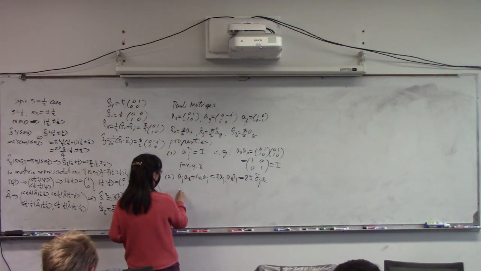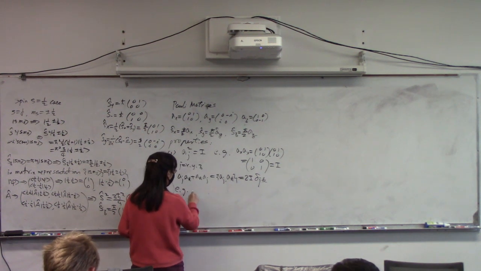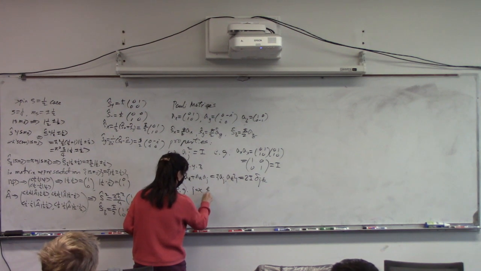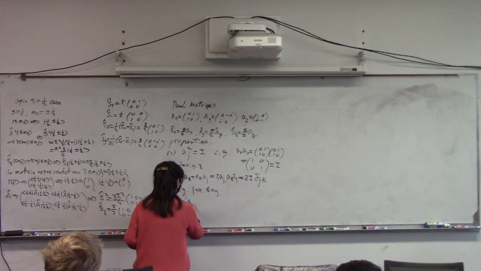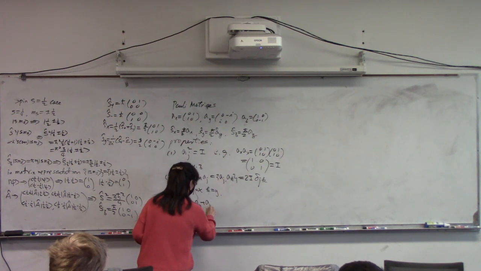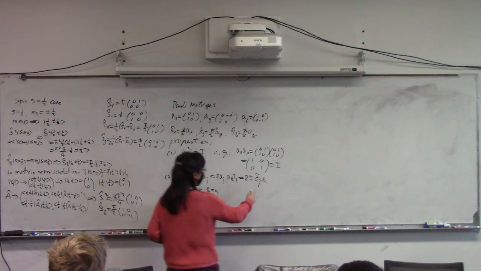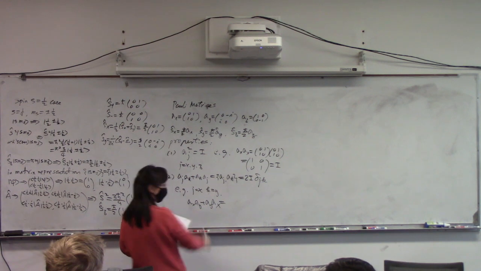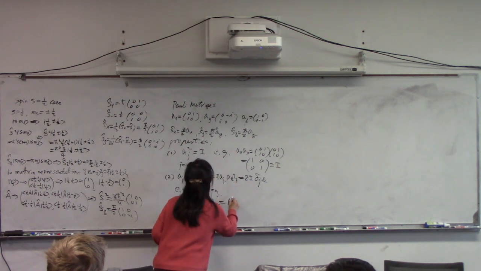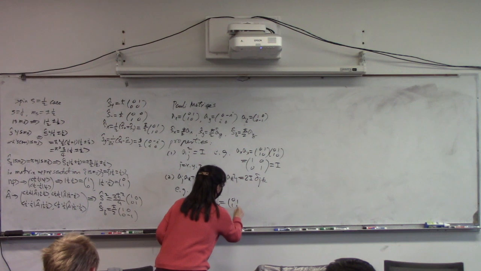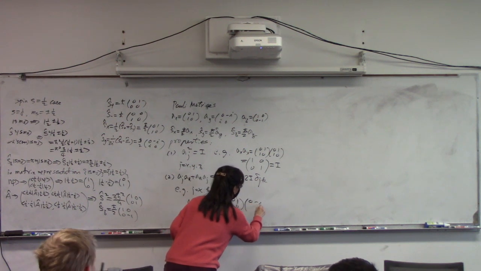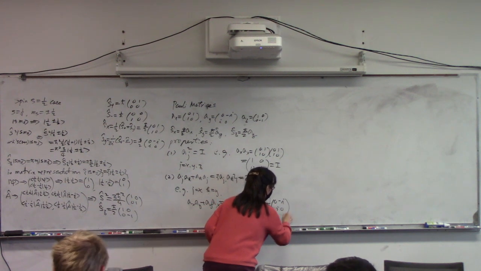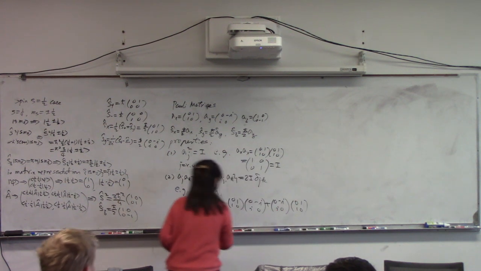Okay, so let's check. If one case is j is x, k is y, we have sigma x sigma y plus sigma y sigma x. If j is not equal to k, that should equal 0, right? So let's see that this is 0. Then we have (0, 1; 1, 0) times (0, minus i; i, 0), plus (0, minus i; i, 0) times (0, 1; 1, 0).